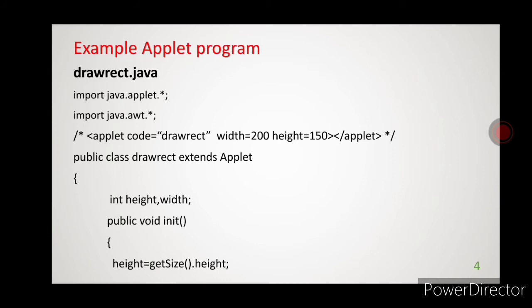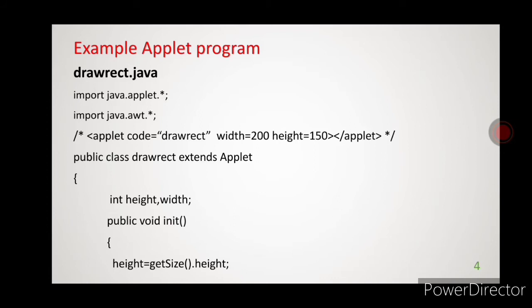The class we are writing here is DrawRect, and we are declaring two variables, that is height and width, and in the init method we are initializing the values for height and width. These height and width values we are getting from the applet tag. Width we are specifying as 200, and height we are specifying as 150.